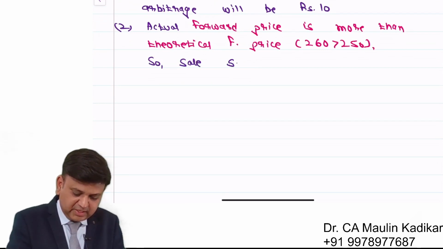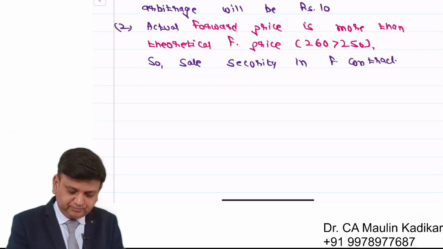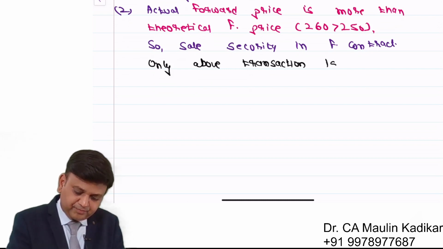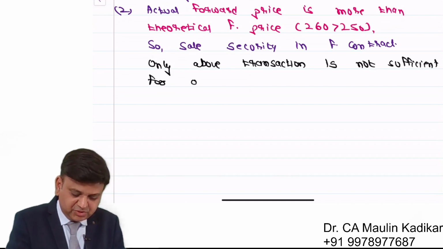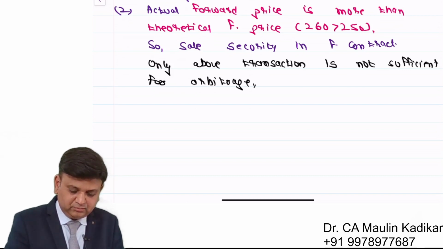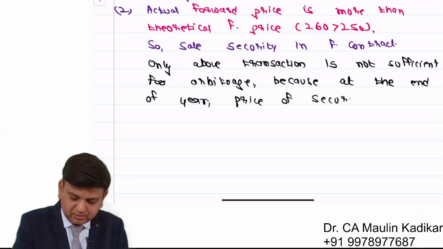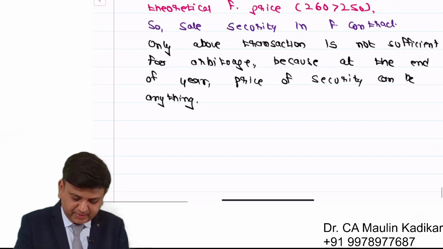So selling security in F contract only about transaction is not sufficient for arbitrage, because at the end of the year price of security can be anything.